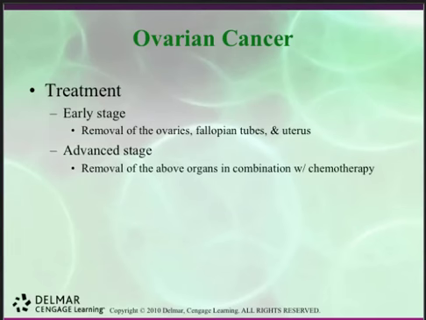Treatments in the early stages include removal of the ovaries, fallopian tubes, and the uterus, and in the advanced stage, removal of the above organs in combination with chemotherapy and/or radiation therapy. The prognosis for these findings in the early stages is very good, 95% survival rate for 5 years.